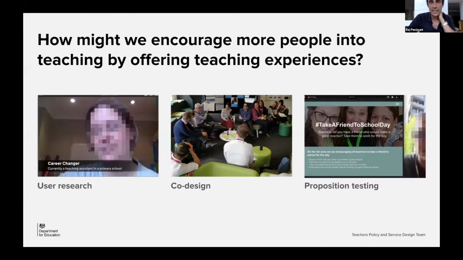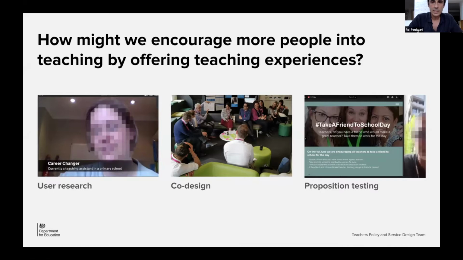That's not a ridiculous assumption, but it didn't have anything to back it up. He announced it as part of the department's recruitment and retention strategy and said the department would launch something imminently. So we had to figure out what that was, who it should be aimed at, and what the experiences actually were.